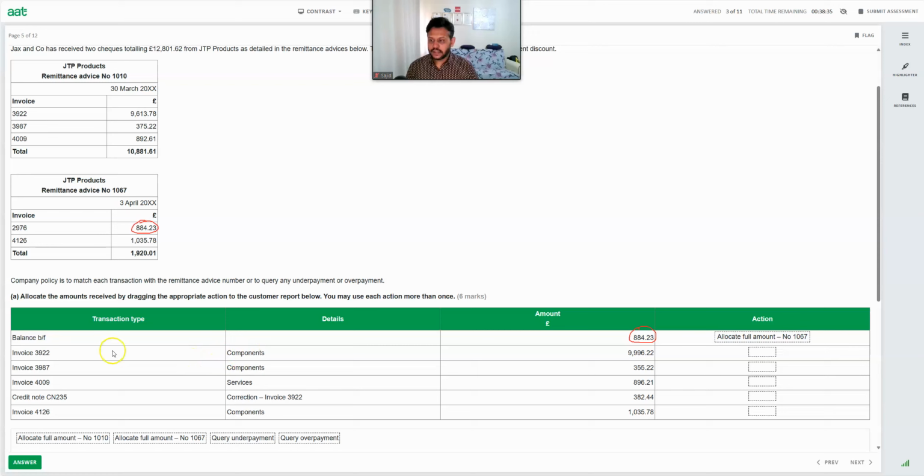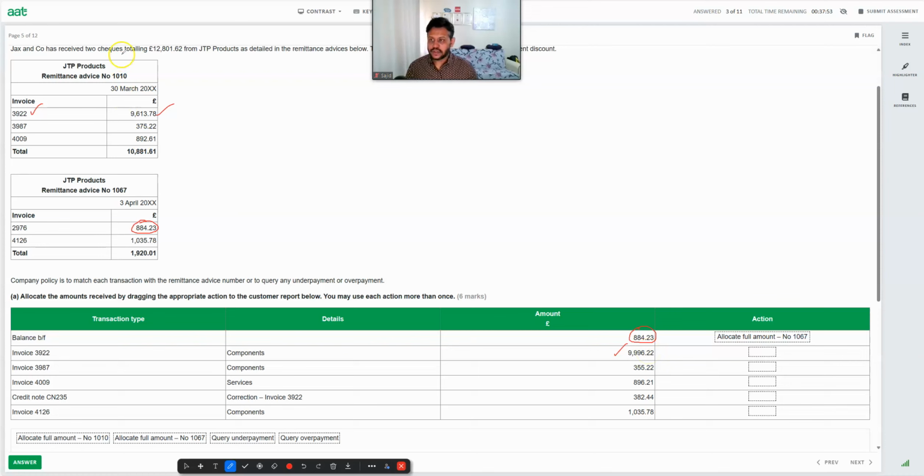The next one we have here, invoice 3922, amount 9996. They're telling me invoice 3922 is here and they paid 9613.78, but the actual amount was 9996. So basically they are telling me they paid for that invoice 3922 9613.78, but on the detail I can see it is 9996.